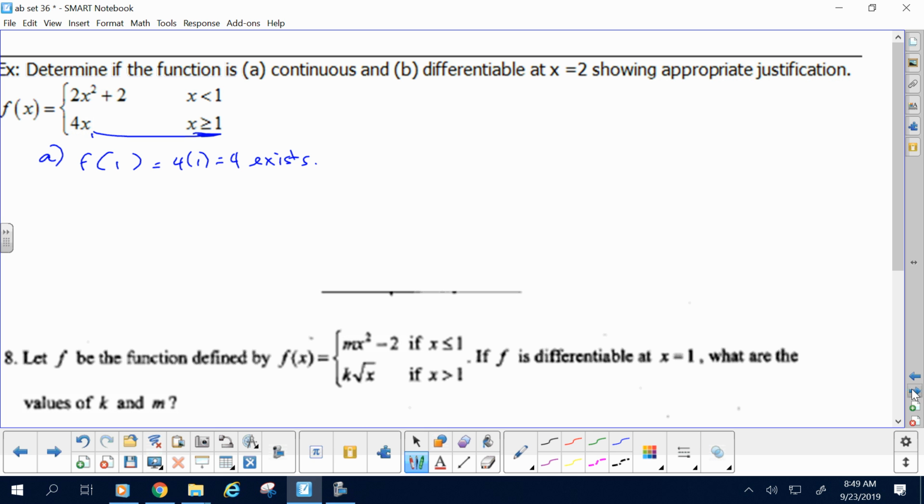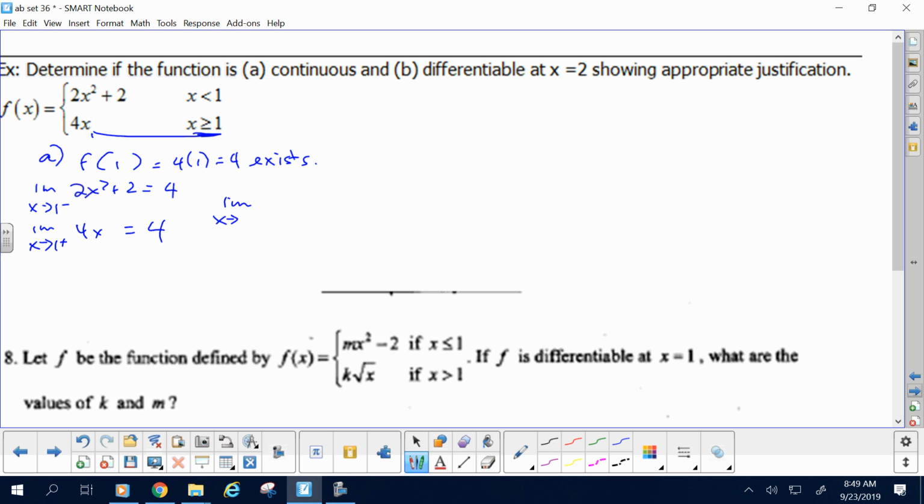All right, what about the left-hand, right-hand limits? The limit as x approaches 1 from the left, which function do I use? 2x squared plus 2, and what does that approach as x goes to 1? 4. What about the limit as x approaches 1 from above? 4. So can we conclude that the two-sided limit exists?